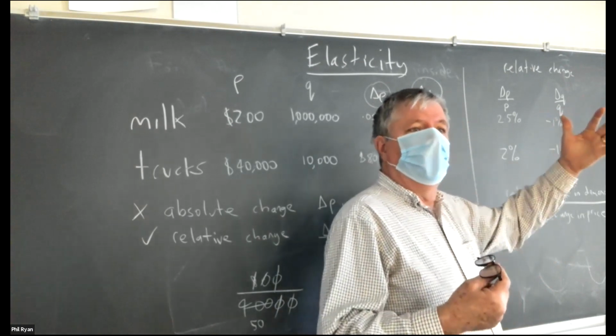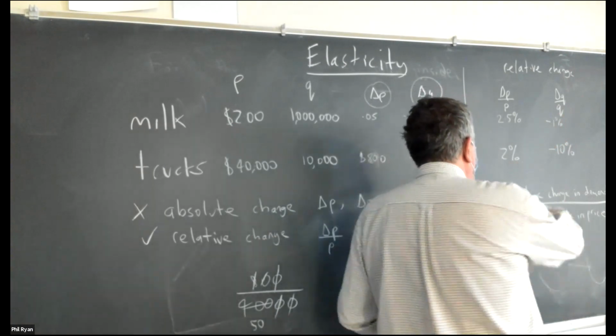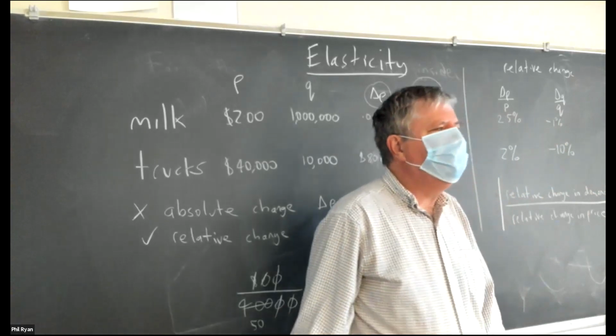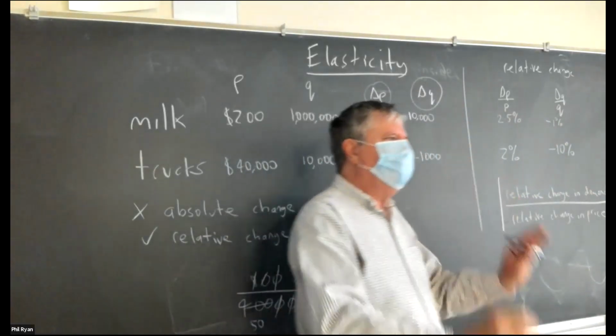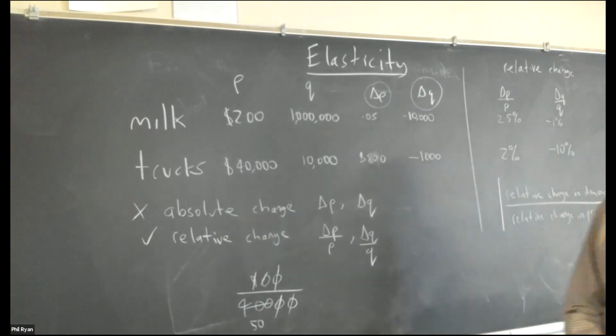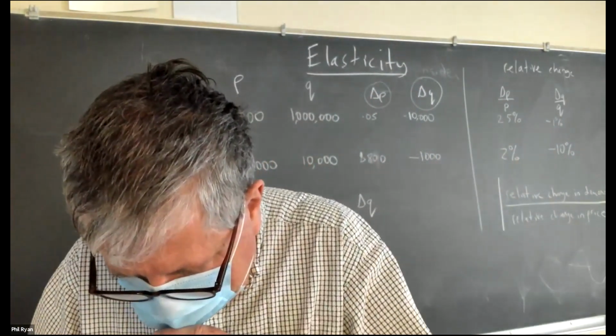Less demand, right? So this is going to be a negative quantity. So let's put absolute value signs there just to make everything positive. And we're going to call this quantity E for elasticity. And then we're going to see in a little bit what's elastic about it.